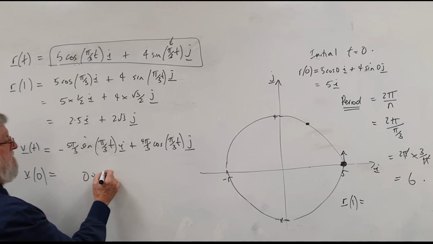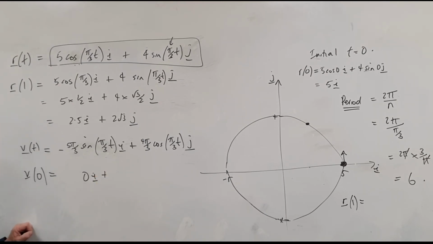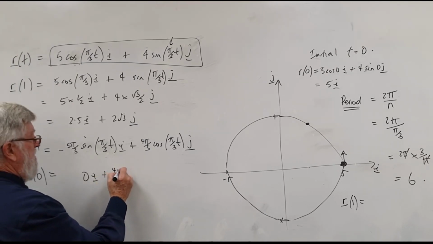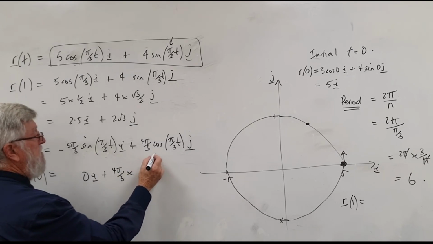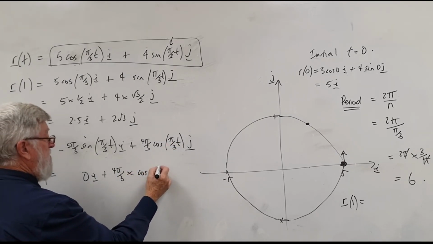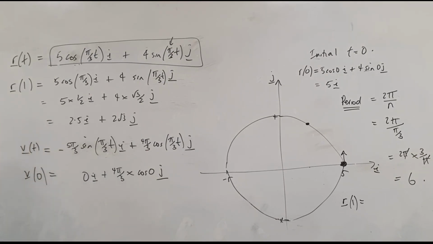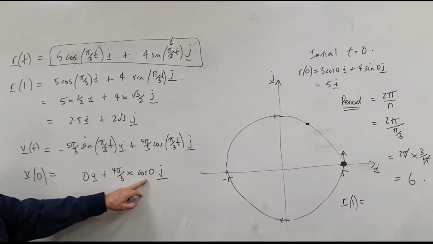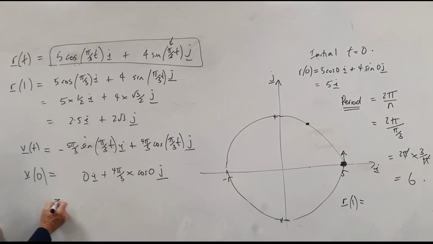Plus what? 4 pi on 3. Times by the cos of 0. Just take my time for a moment if I'm making too many stupid mistakes. Cos of 0 is? 1. So its velocity at the start is 4 pi on 3j.